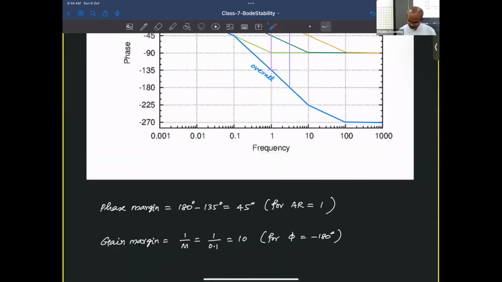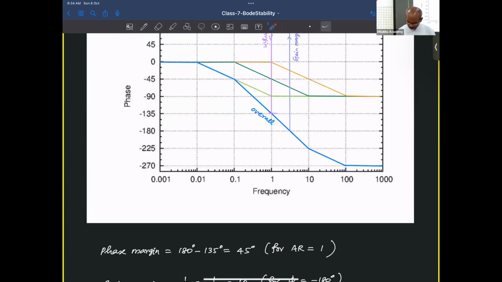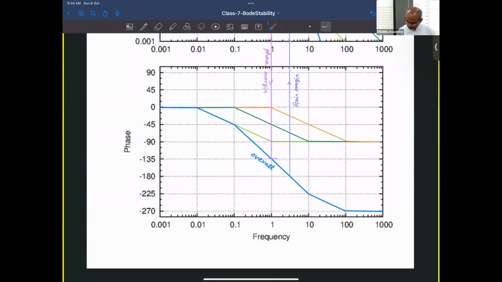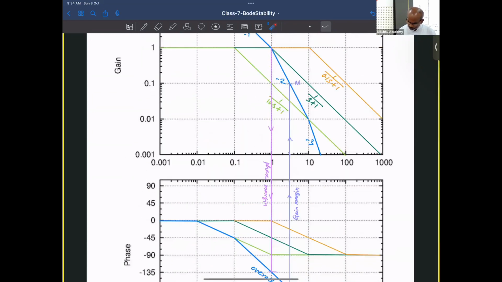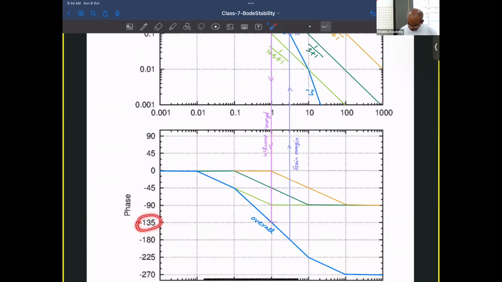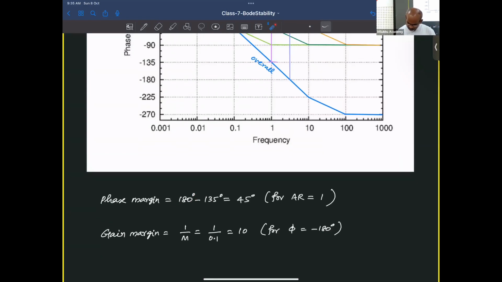And phase margin is simply 180 degrees minus the phase angle corresponding to an amplitude ratio of 1. So the phase angle corresponding to an amplitude ratio of 1 is equal to -135. This is 180. Again, this is actually the phase lag.